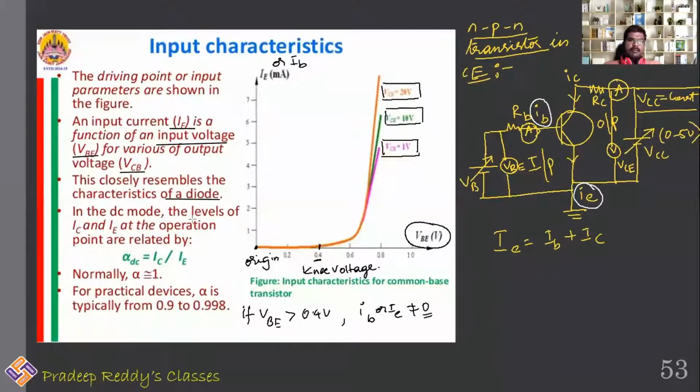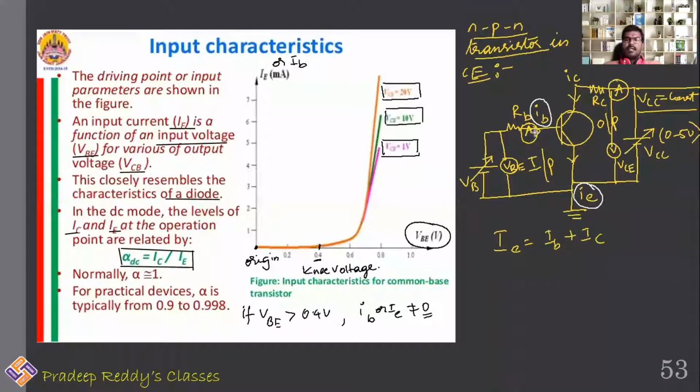In DC mode, the levels of IC and IE at the operating point are characterized as alpha DC, which is IC divided by IE, where normally alpha is nearly equal to 1. That means this is like a common base. If we are placing it in common base configuration, this is the value which we will be considering.